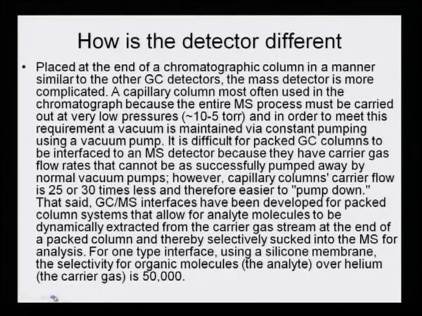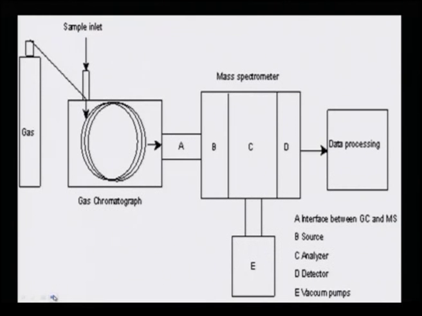Normally, only the capillary columns are the ones which are used in GCMS. For one type of interface using a silicon membrane, the selectivity for organic molecules, that is the analyte, over helium, that is the carrier gas, is about 50,000 times.